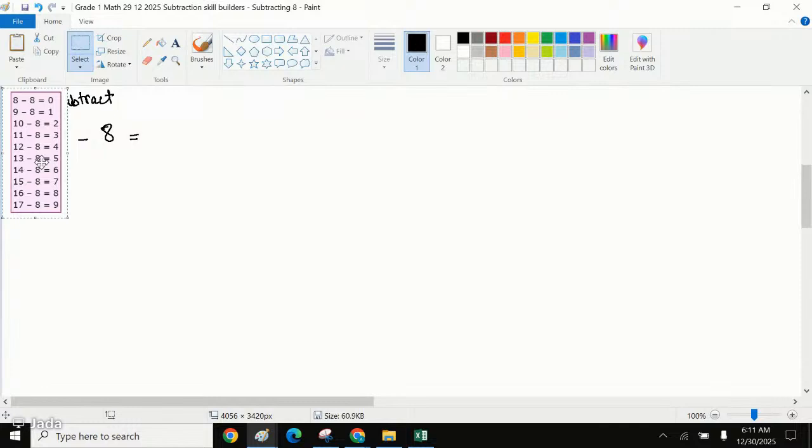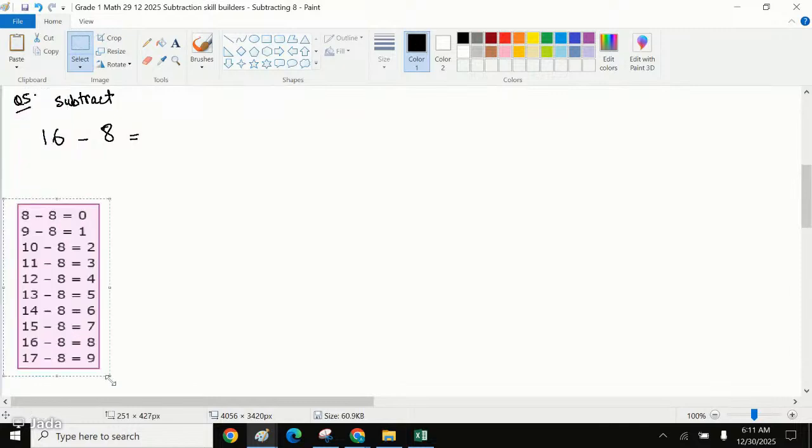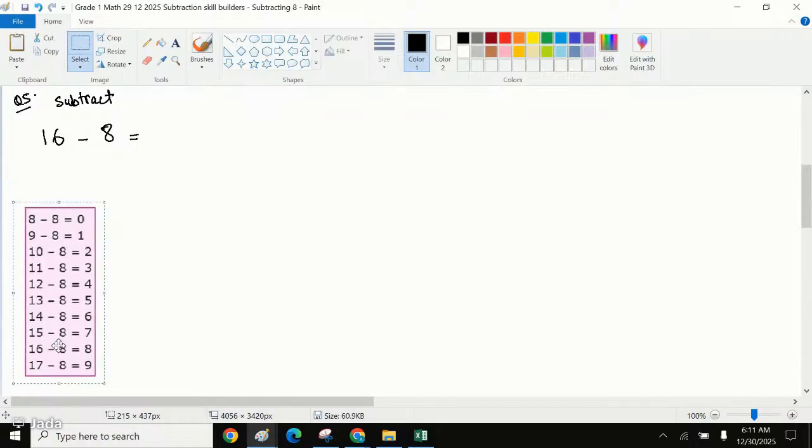Through the grid, we know that 16 minus 8 should be equal to 8. But let's confirm our answer, right? Let's confirm what our answer could be. So can we say 16 minus 8 was equal to 8?